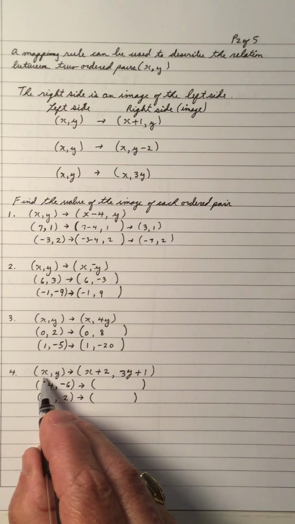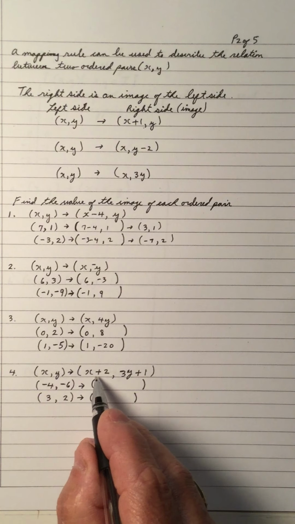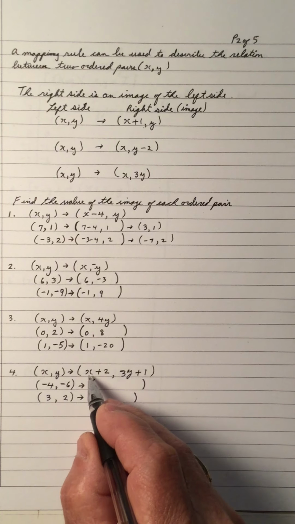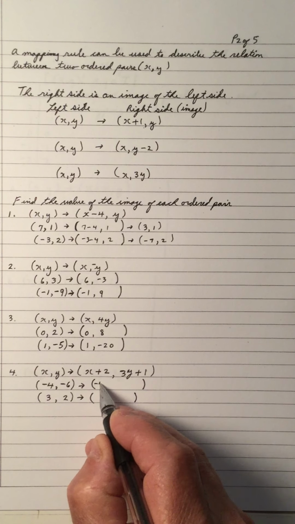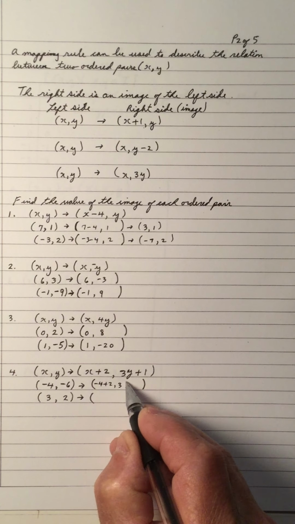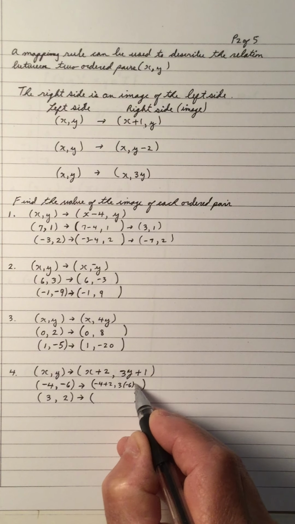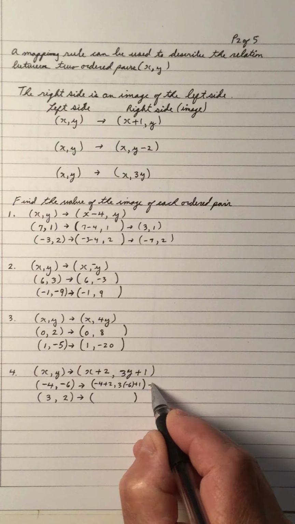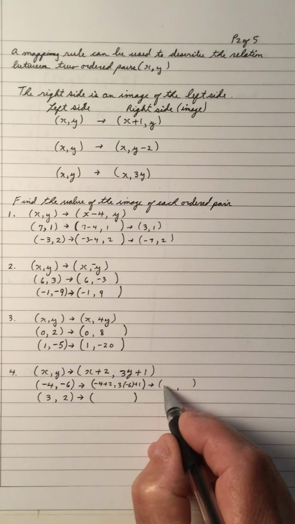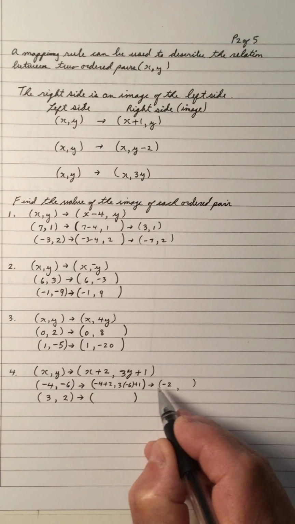And the mapping rule (x, y) is mapped to (x + 2, 3y + 1). So x plus 2, so it's negative 4 plus 2, and it's 3 times negative 6 plus 1. So negative 4 plus 2 is negative 2.